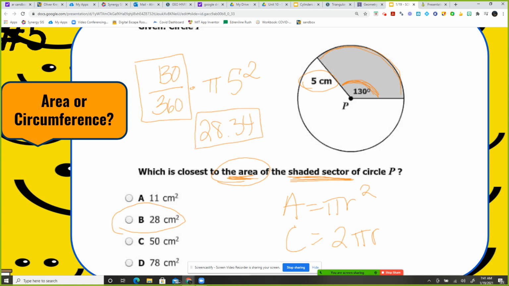Okay, yeah, I did it again, and that's what I got. Sometimes we just do something weird in the calculator. 11, for whatever reason, is the most popular wrong answer. And I wonder whether that's 2 pi r. So 130 divided by 360 times 2 times pi times 5. Yeah, if you got 11, you used circumference instead of area.